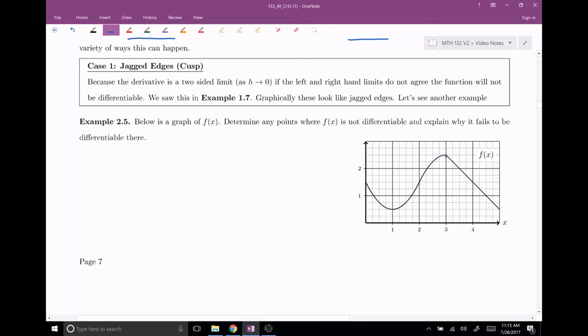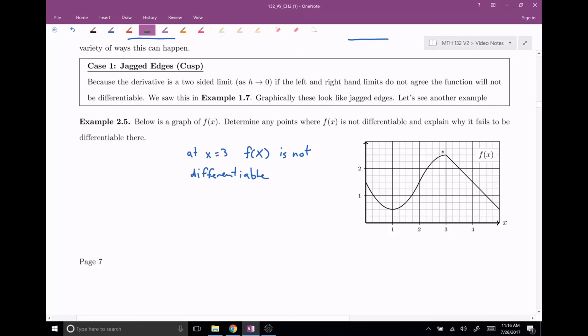And then all of a sudden at 3, you have this abrupt change. So at x equals 3, f of x is not differentiable. And let's think about this in terms of limits, right?